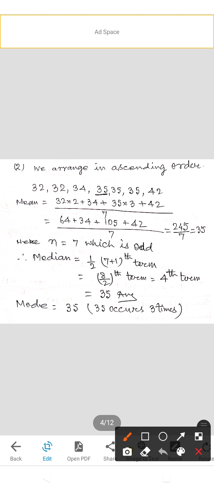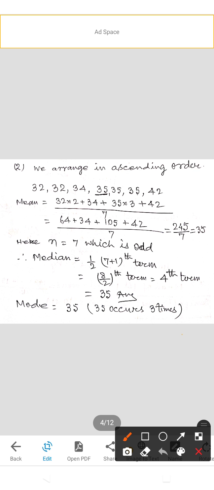So 32 multiplied by 2 is 64, plus 34, 35 multiplied by 3 is 105, plus 42. The sum of all observations equals 245, divided by 7 equals 35.